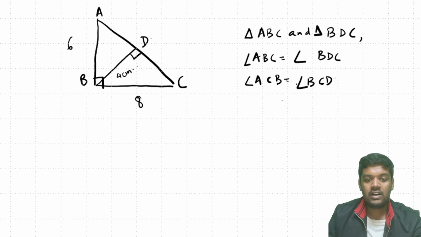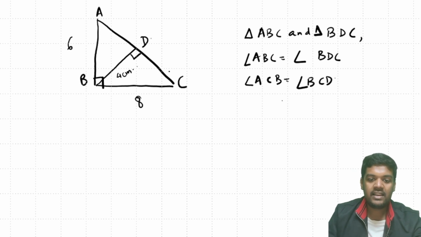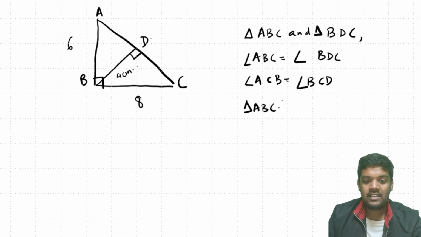So if two angles are equal, then automatically the third angle will also be equal. Very clear. If two angles of both triangles are equal, then the third angle will obviously be equal. You can just cross check it. So can I say if all the angles of the two triangles are equal, then triangle ABC is similar to triangle BDC.